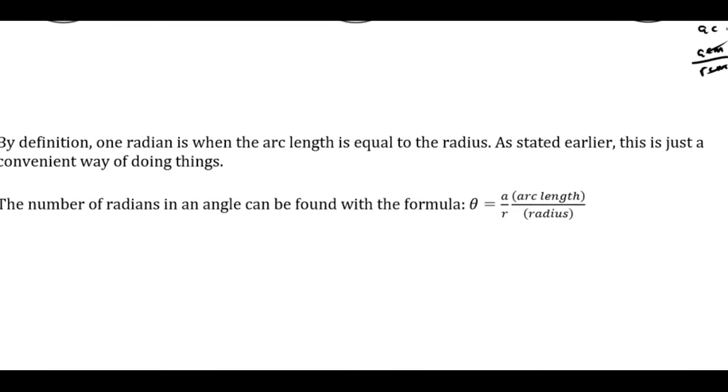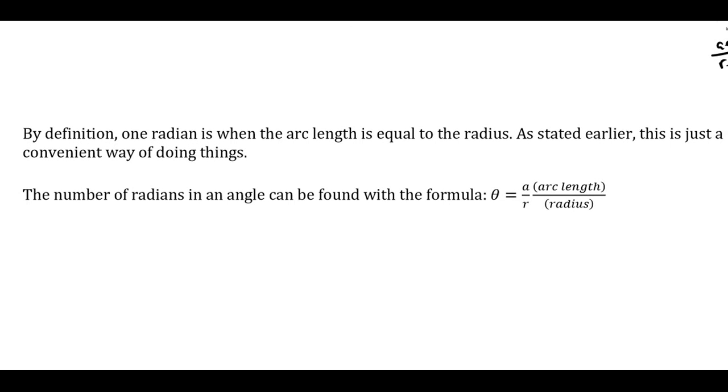And that's what that says there. So this is worth writing down. By definition, 1 radian is when the arc length is equal to the radius, but it's a measure of an angle.